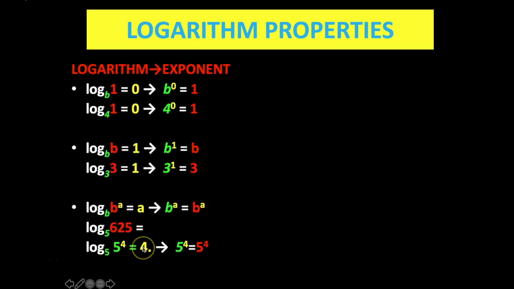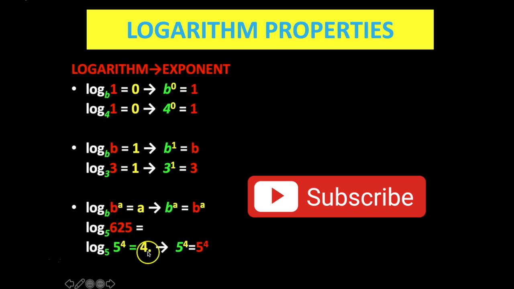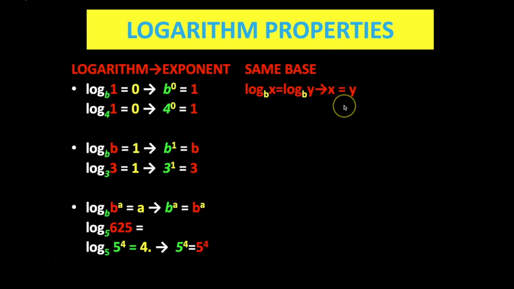It's 4. So look up here at the rule, log base b of b to the a is a. And look down here, I rewrote this as an exponential in case it doesn't look very good to you. The same base formula says if I have a logarithm that has the same base, I can find the solution.